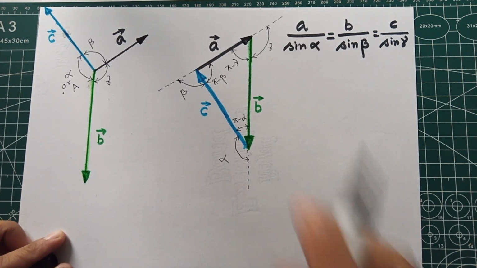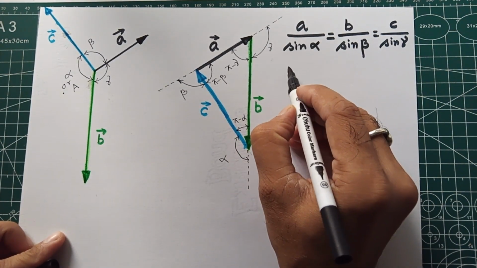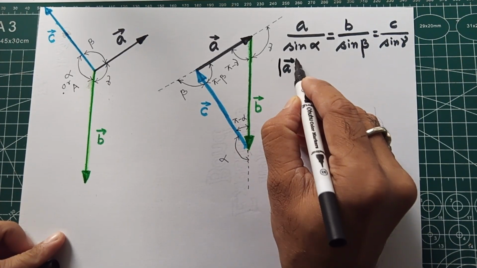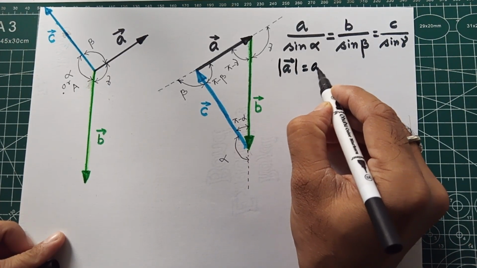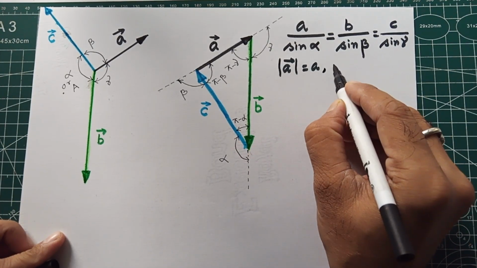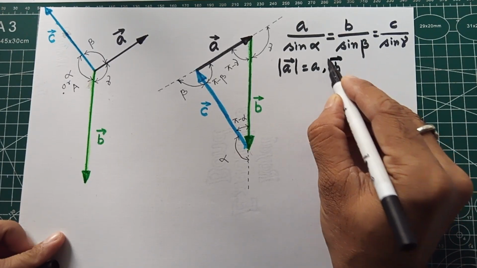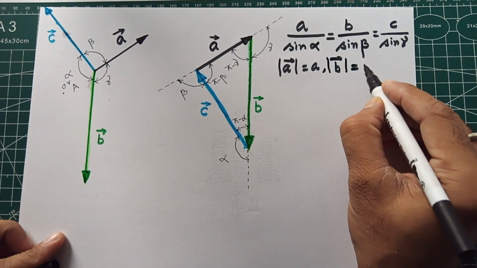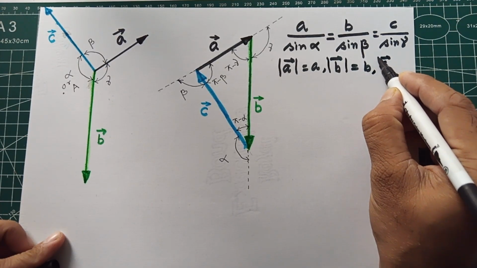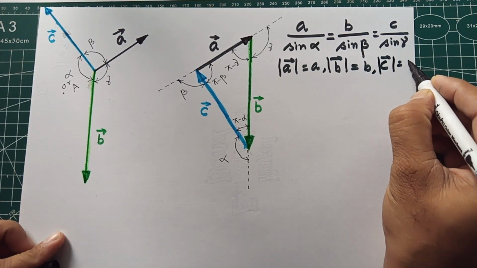Next, what is A? This is A, that is the magnitude of the vector A. B is the magnitude of vector B, and C is the magnitude of vector C.